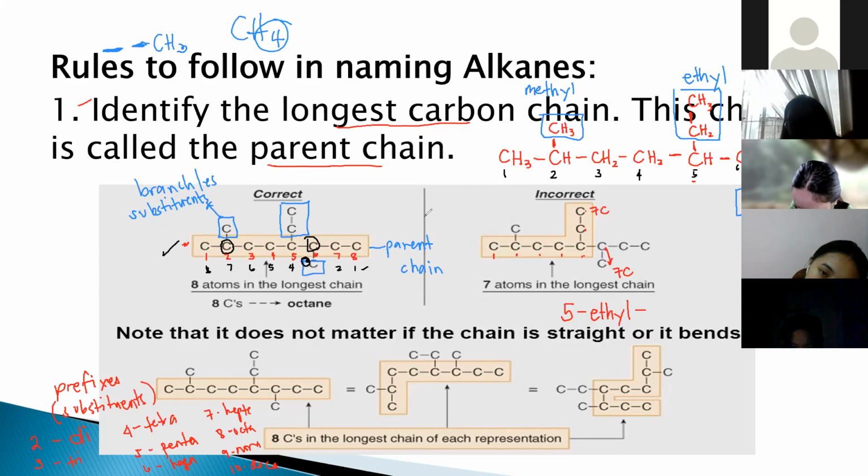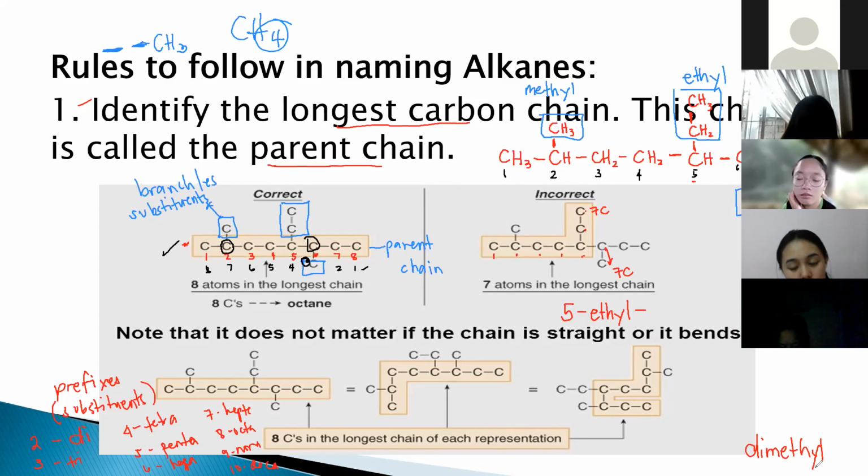Di. What do we do with it? Dimethyl, meaning there are two methyl groups. But how do we attach it to the name? You first identify the numbers of the carbons where they are attached. One is attached at carbon number 2, and we use a comma to separate the numbers, and the other methyl is attached at carbon number 6.